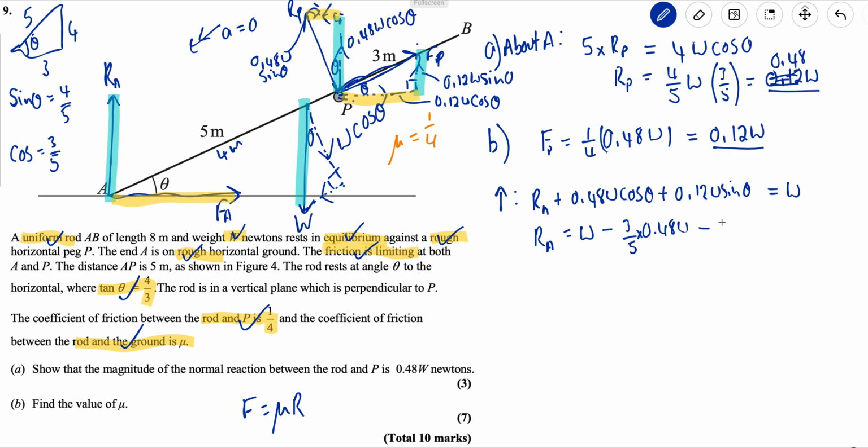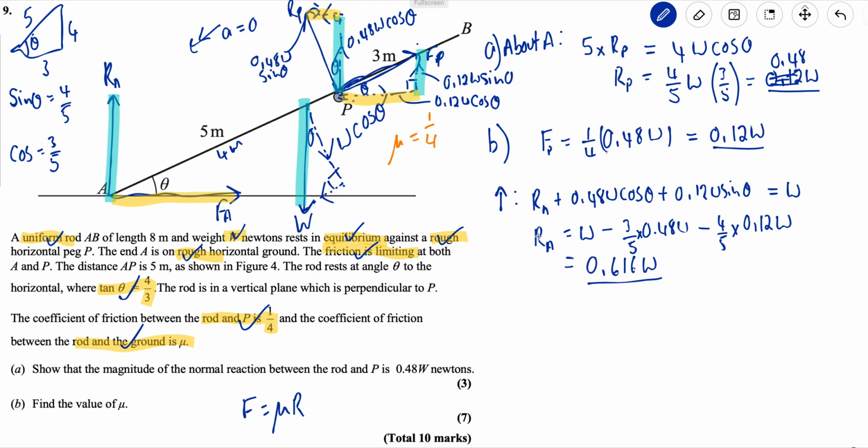Sine theta is 4/5, so 4/5 multiplied by 0.12 W. Now I'm going to factorise out the W and calculate that, and I get a value for RA of 0.616 W. I'll need that later, so I'm going to underline it.